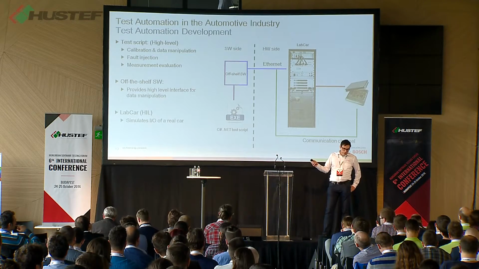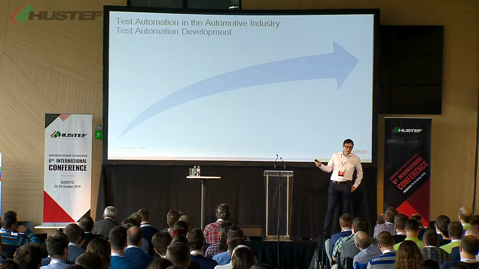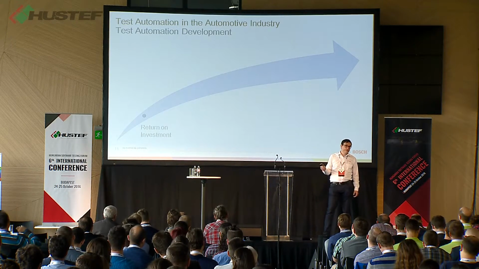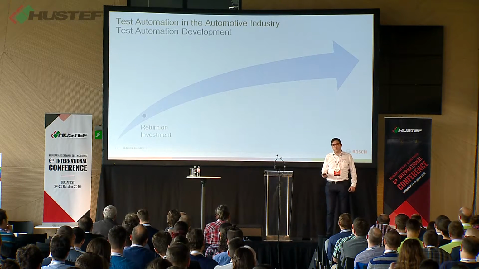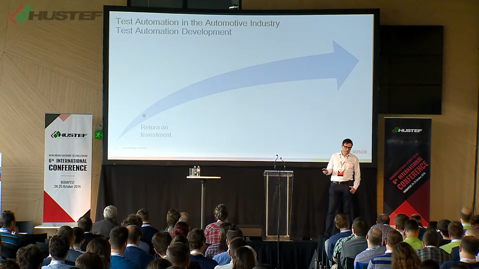Okay. So far, this was not different than you would test a normal system, except for the functional safety test. What would be the difference in test automation development? So first, how to start is to check return on investment. You would do that normally for all testing and all automation.